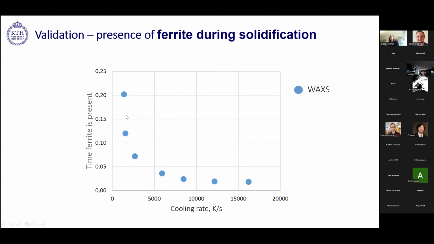So this is for the experiments, but then if we compare that with what we simulated with Dictra, we get a good agreement, which is again suggesting that we can use these tools to understand what's happening during the process, despite the model being a simplified model. The reality is more complex than the model.